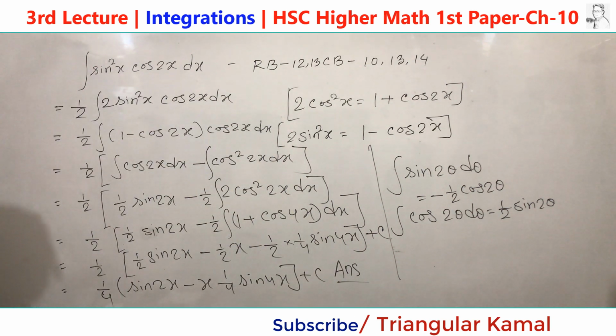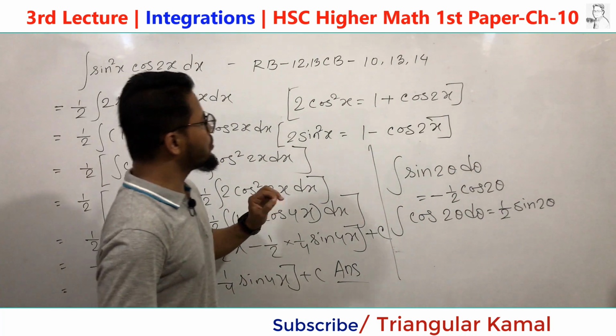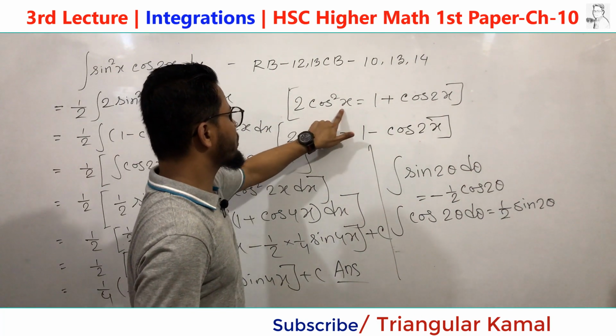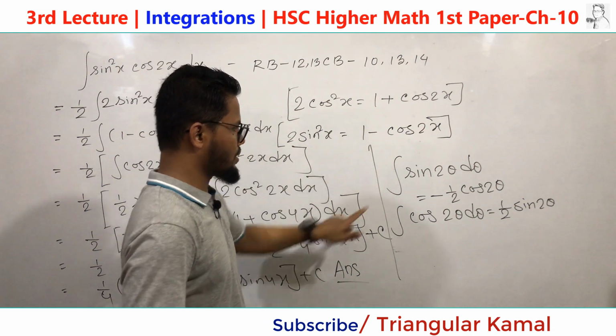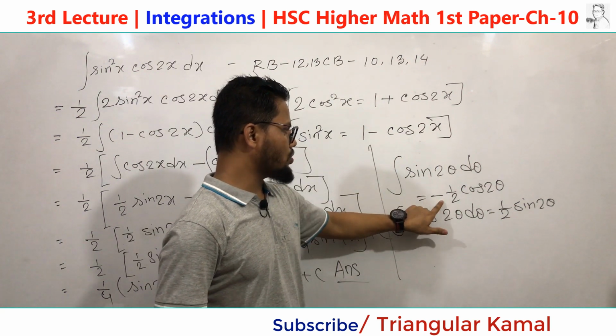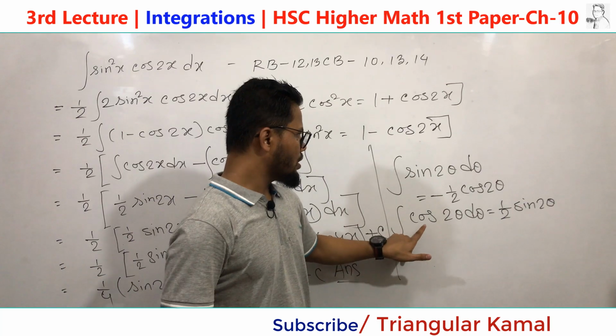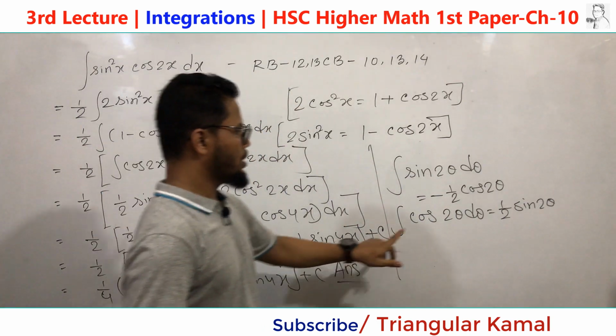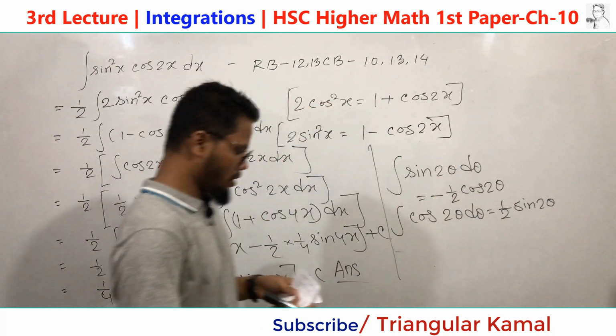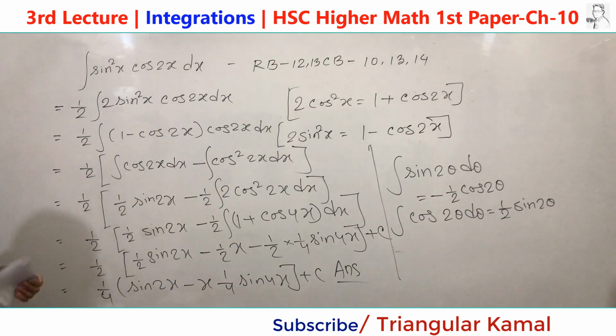So my dear students, we have basically used two formulas here: 2 cos square x equals 1 plus cos twice x, and 2 sin square x equals 1 minus cos twice x. Then sine 2 theta integration gives minus 1 by 2 cos twice theta, and cos 2 theta integration gives 1 by 2 sine 2 theta. So cos gives sine and sine gives cos. Now let's practice another one.